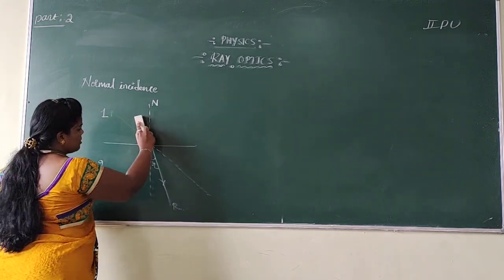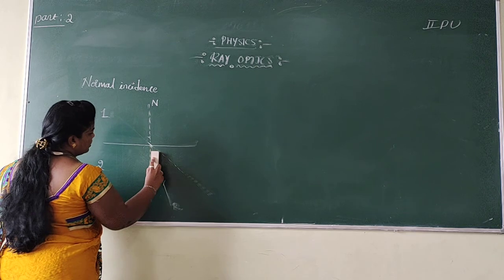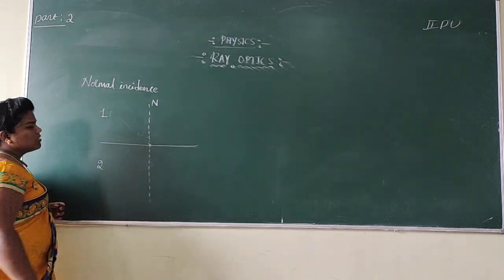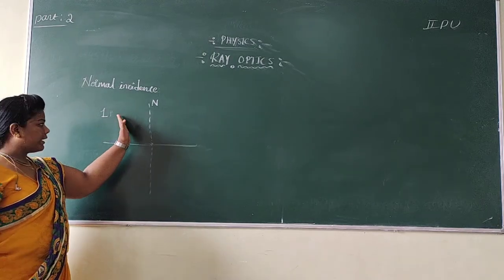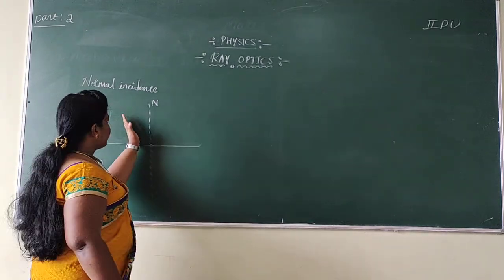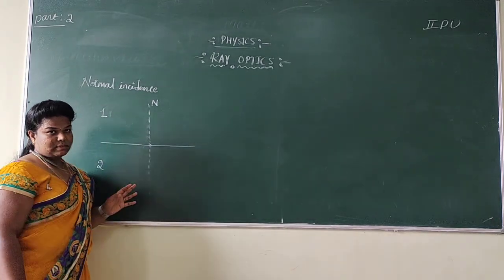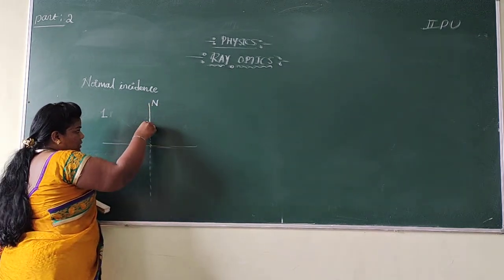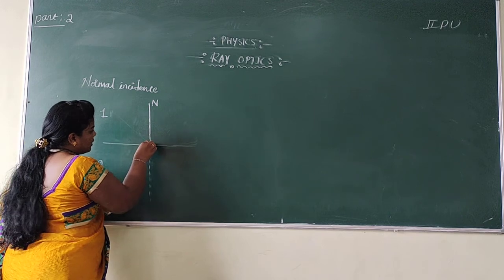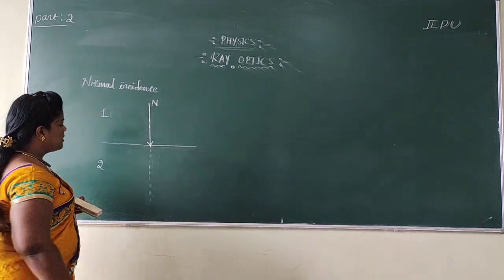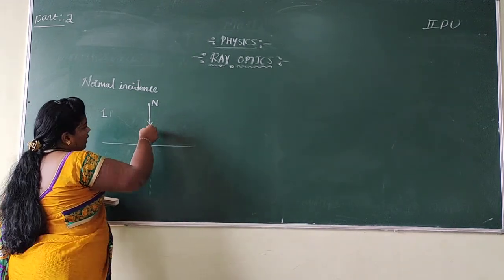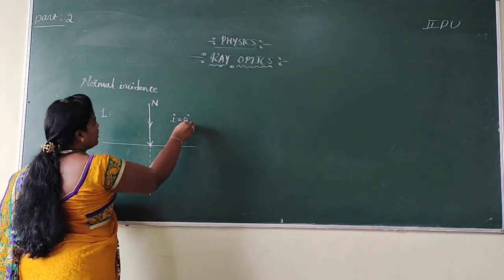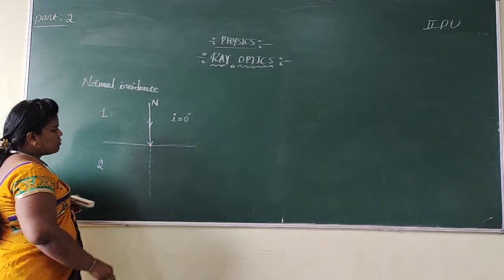Suppose I want to observe the refraction for different angles. I can bend the ray towards this direction, and I can even make the angle much smaller. Suppose I incident a ray of light at this position. What is the angle of incidence? The normal is here, the ray is also here, so the angle of incidence is 0 degrees, right? So what is the refraction?